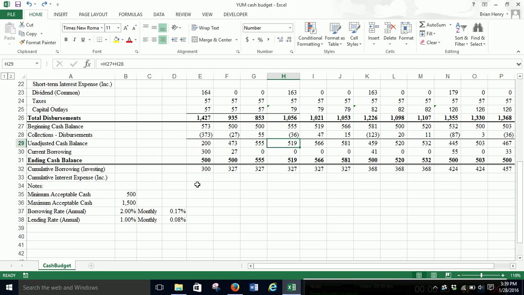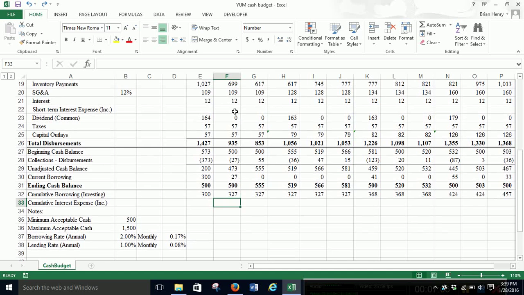And then cumulative interest expense. So if we borrow 300 million here, we've got to start paying interest on it the next month. And so actually, first we've got to wire this up here. So for now, I'm just going to put the formula here. So the short-term interest expense is going to equal another if statement.